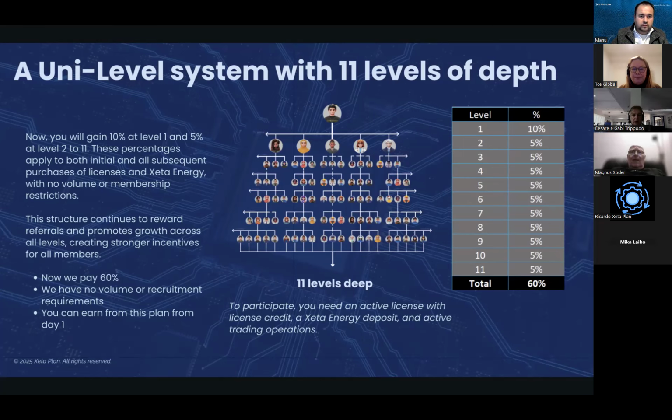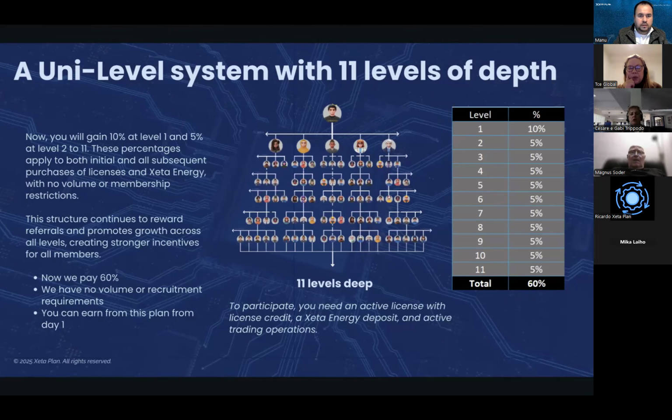So guys, it is very important that everyone also has their Trader Trust account set up properly. And having these new percentages structured the way they are, the new compensation plan ensures growth at all levels, equally across all levels.